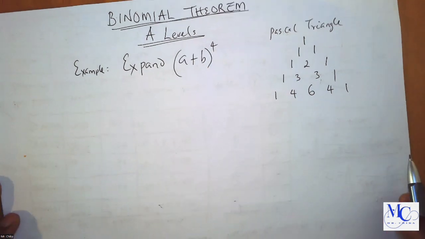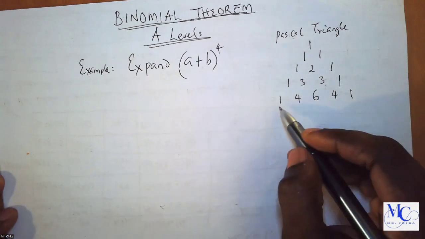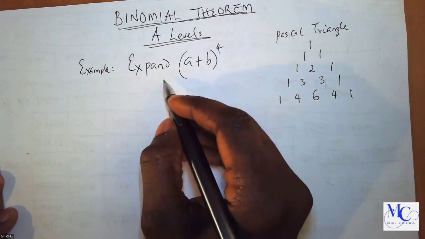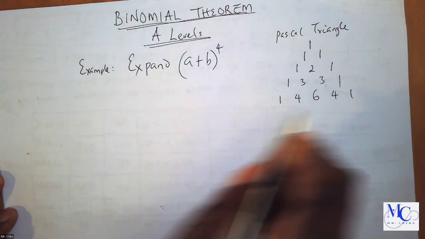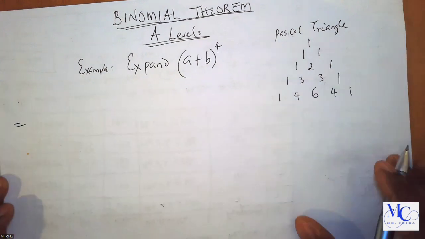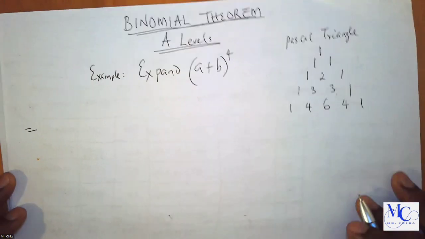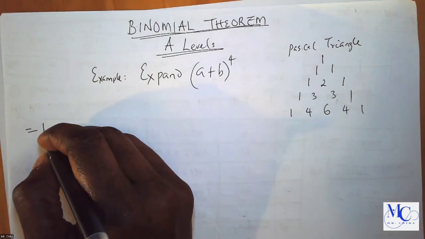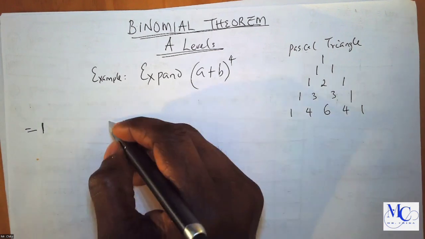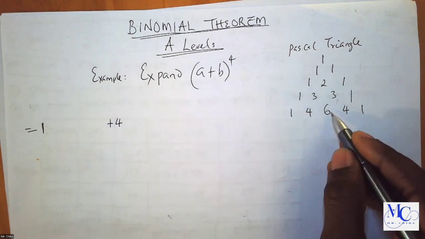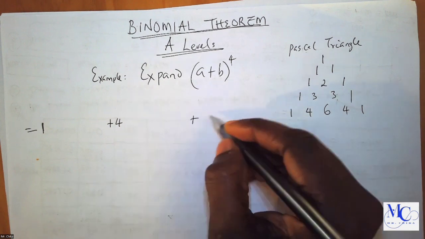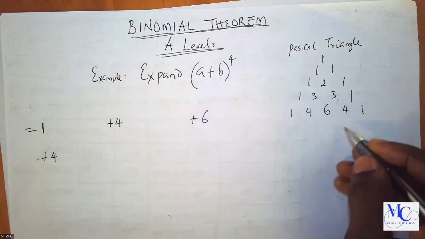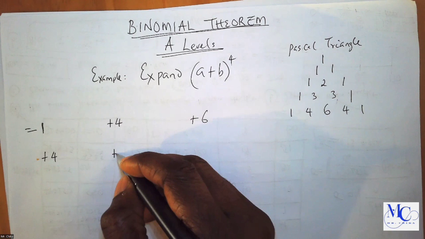To expand that quickly, I'm focusing on this. These are my coefficients if I expand that. So that will be equal to, I like to space it out so I can see it: the first one is 1, then plus 4, then plus 6, you see where I'm going with this, then plus 4, and the final one is plus 1.